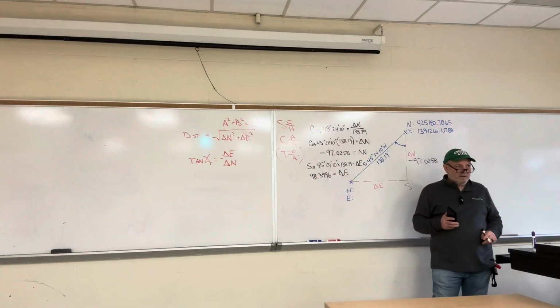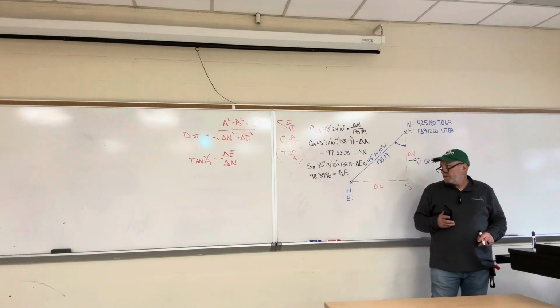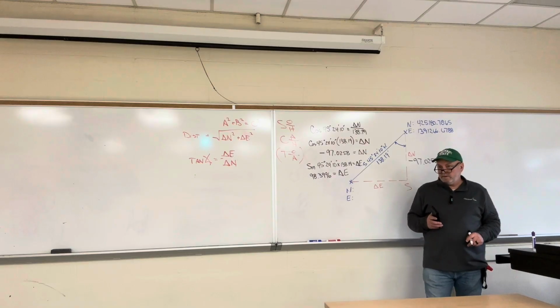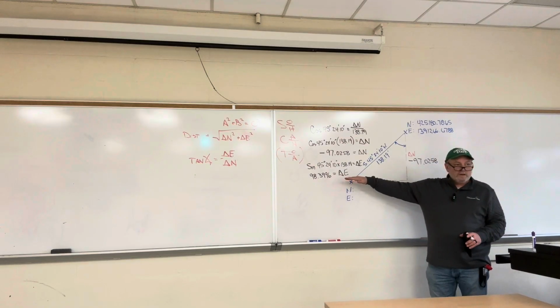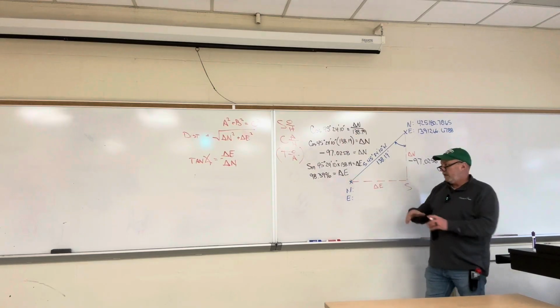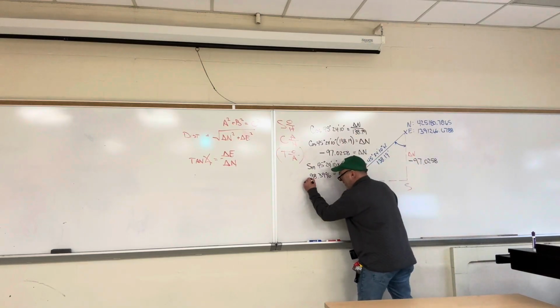That's the number I come up with: 98.3996. Now again, we're going to the west. Our easting is going to decrease, so I'm just going to write that as so.